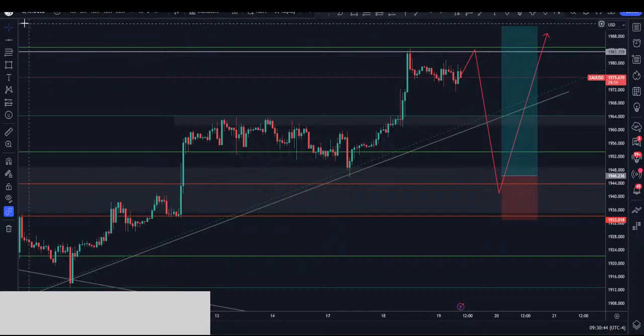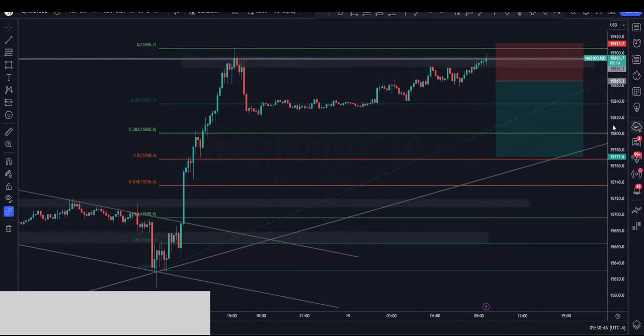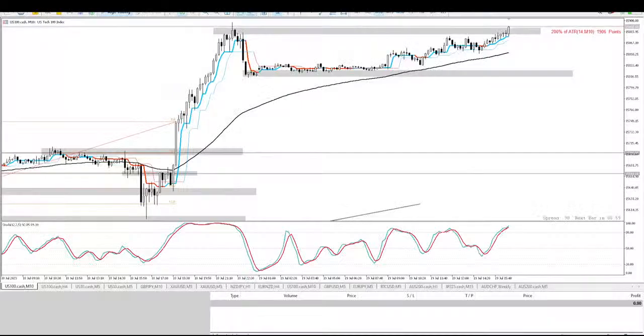Okay, market just opened. Let's see what happens here. I'm just going to switch over to MT5 here so we can see. Okay, so we're getting a push up.